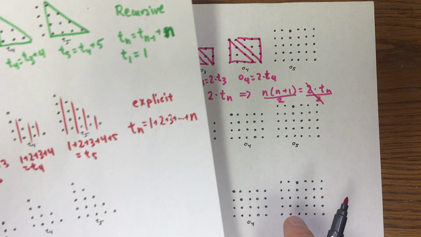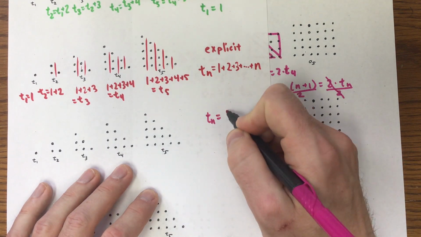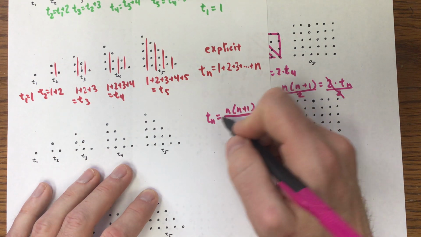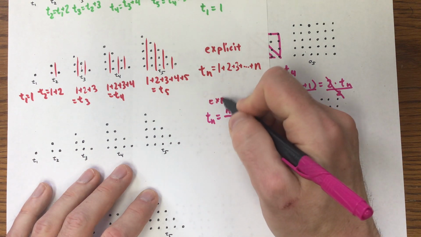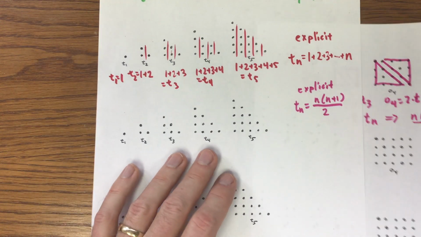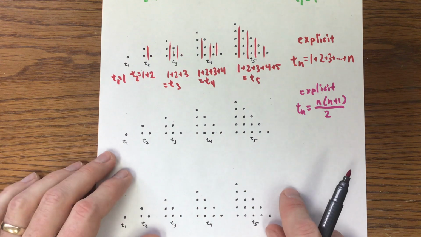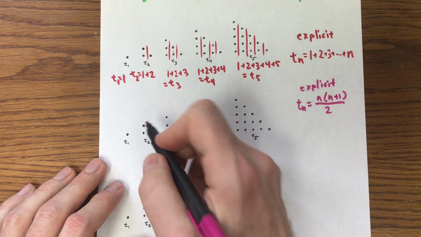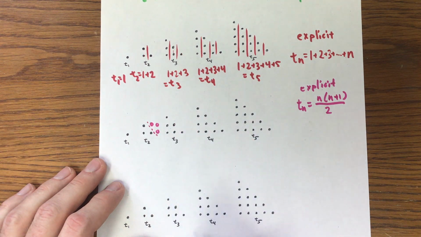And getting T sub n is n times n plus 1 divided by 2. Let me go ahead and write that down. N times n plus 1, the oblong number for n, and divide it by 2. This is an explicit formula. And now I'm going to say, can we find that hiding in here? So it's half of something, so I feel like I need to draw the other half that used to be there.